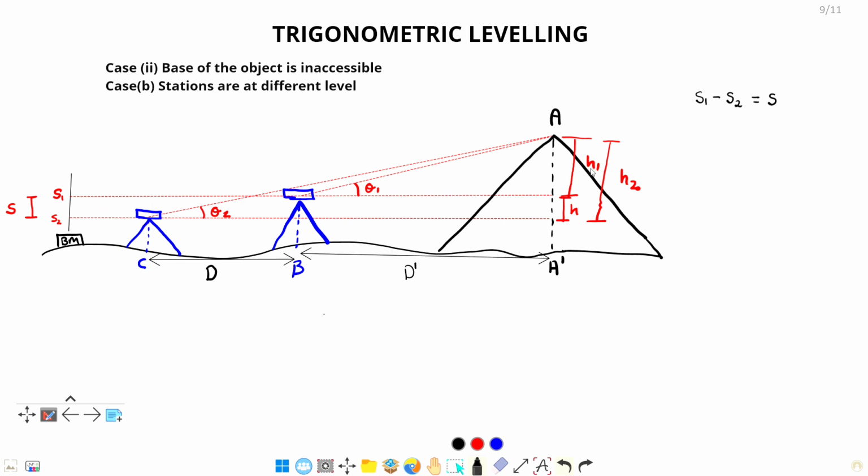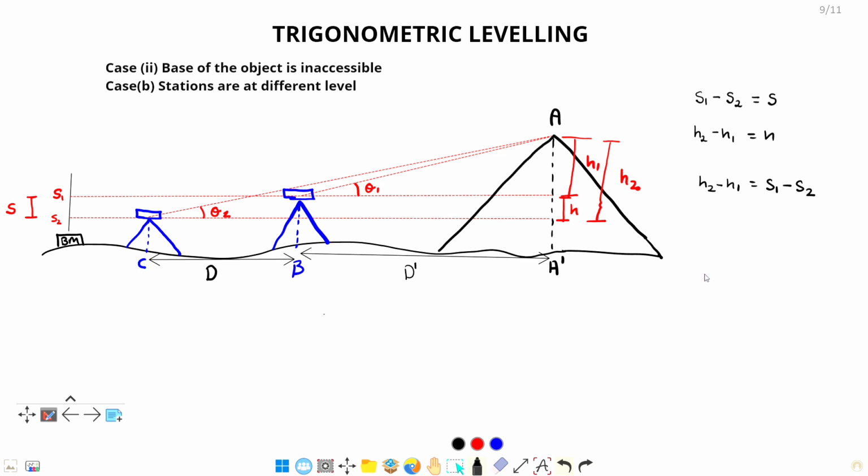And here H2 minus H1 is also representing the same thing, the difference between the height of instrument of both points. Try to see here that H2 minus H1 is also this gap and S1 minus S2 is also this gap. So first we got a relation: H2 minus H1 is equal to S1 minus S2. Let's see, maybe we will have a use of this relationship.